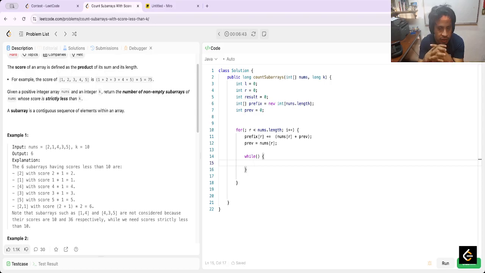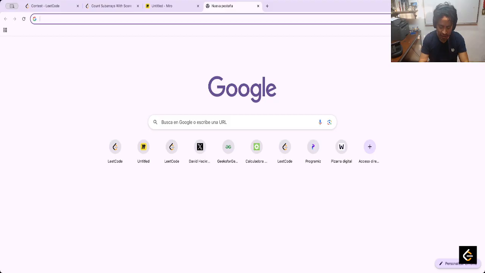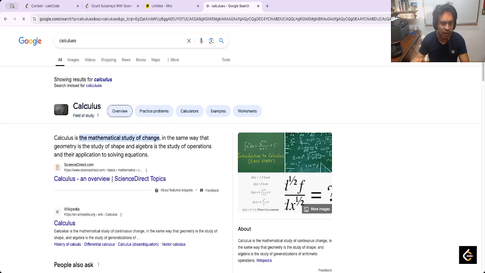Okay, before continuing, we have this. Now we need to have the result of this calculus. I forgot how the calculus works. It's like this.